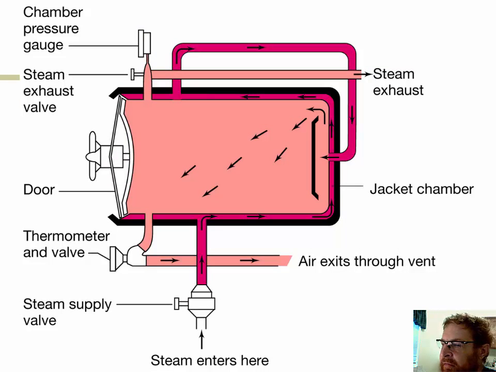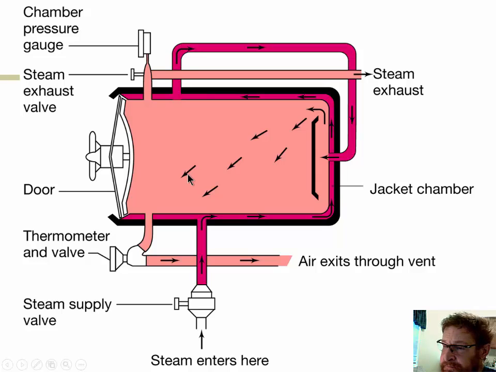This is a diagram of an autoclave, and an autoclave is one of the standard ways of sterilizing materials. You have a two-chambered system, and you can put everything in through the door.